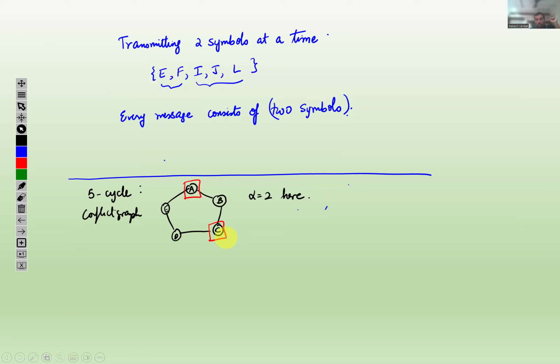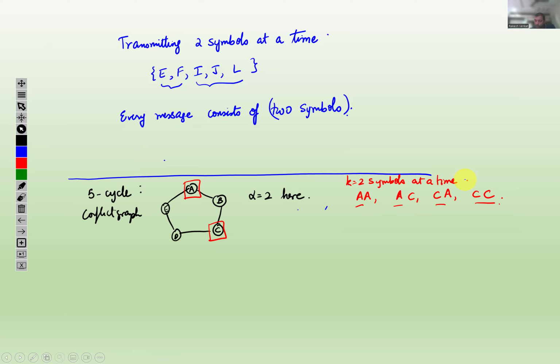Now clearly, if I send two symbols at a time, I should be able to send the following: AA, AC, CA, and CC. So these are messages over two symbols at a time, such that none of these can be confused with the other. A and C will never be confused with the other.